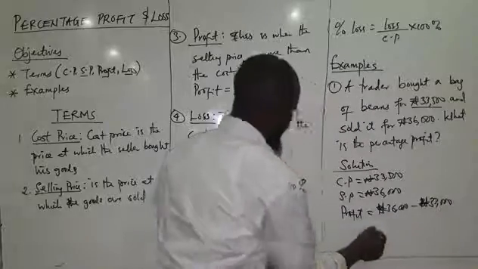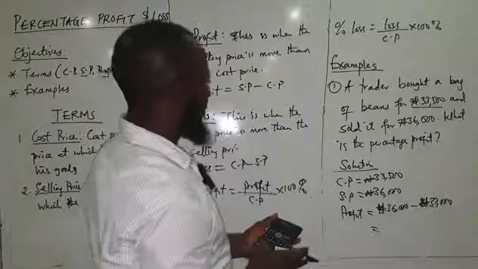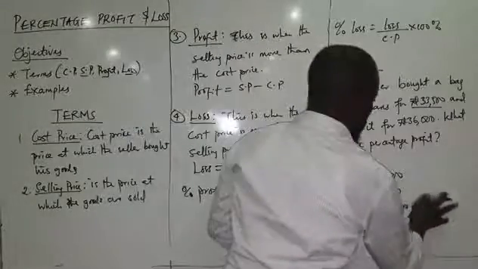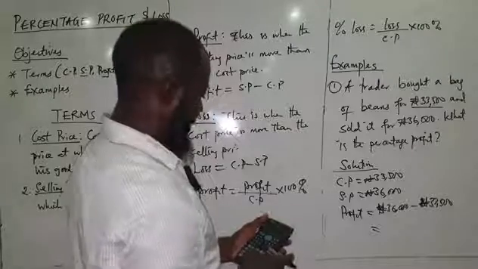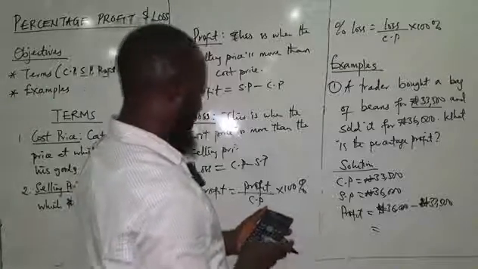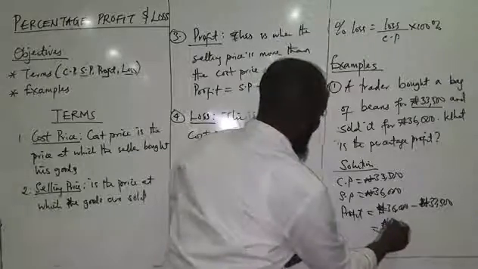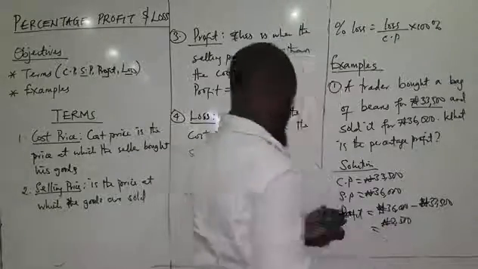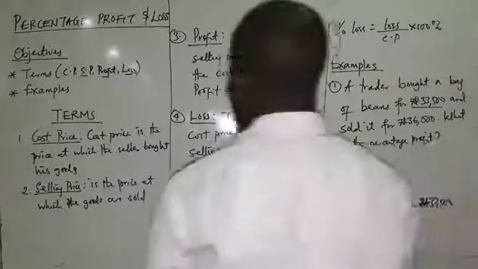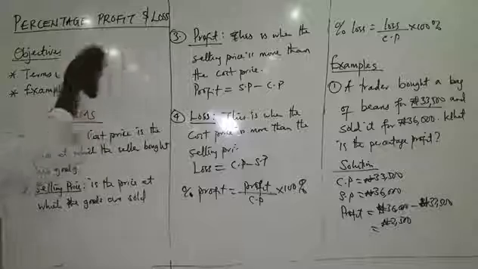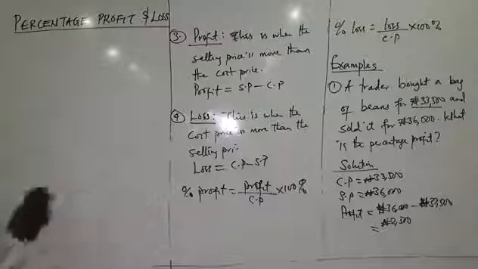So that will give us 36,000 minus 33,500, and that gives 2,500 naira. But that is not what we're looking for. We are looking for percentage profit. That's what we're looking for.